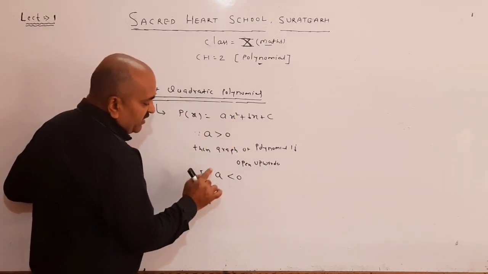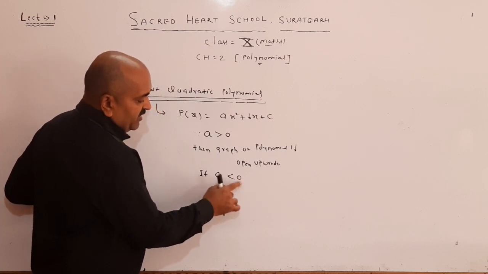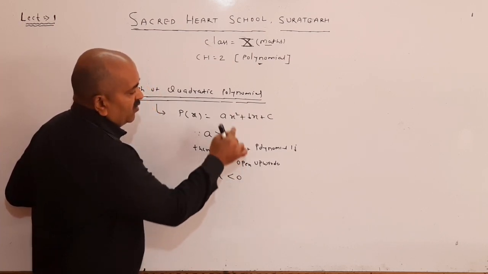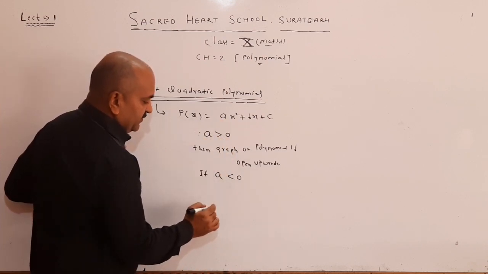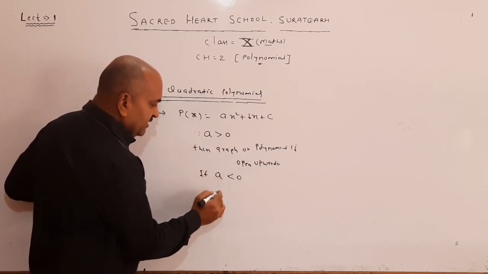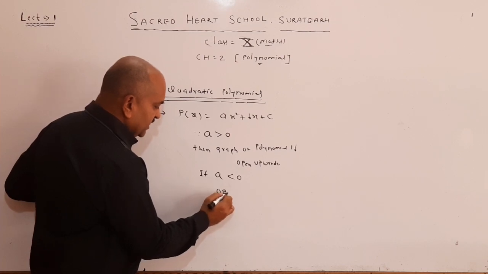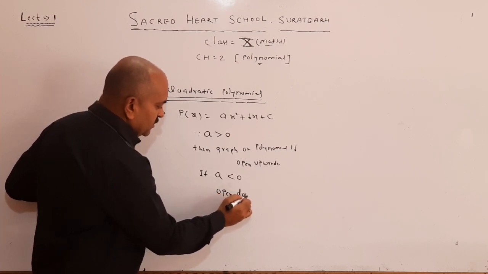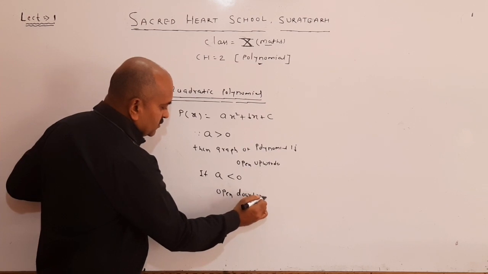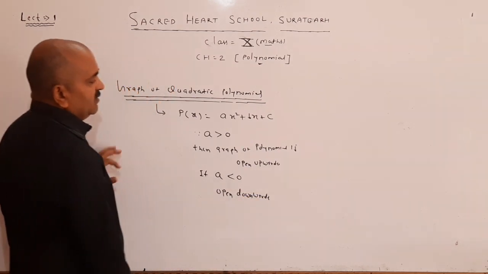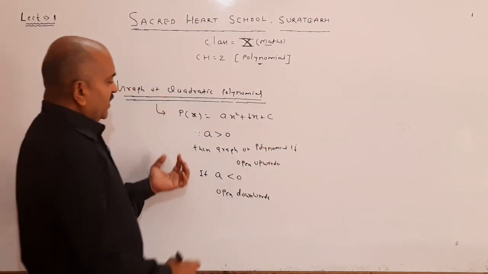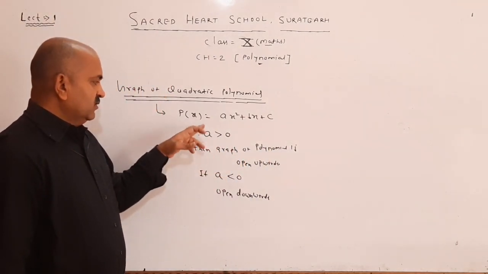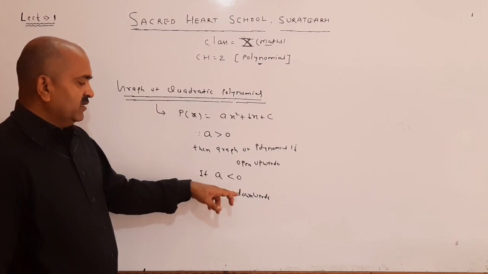And if a is less than 0, it means the coefficient of x squared is negative. So if a is less than 0, then the graph is which type? Open downward. So students, if a is greater than 0, then open upward, and if a is less than 0, then open downward.